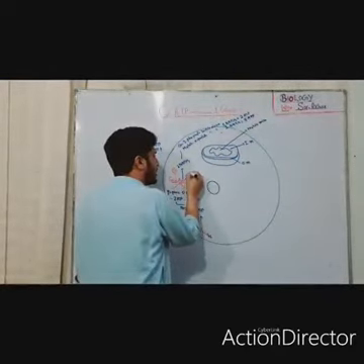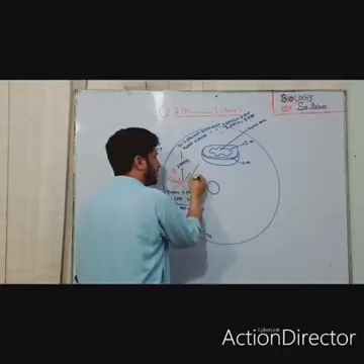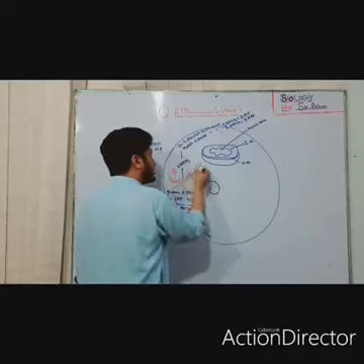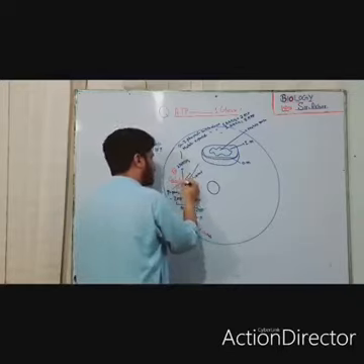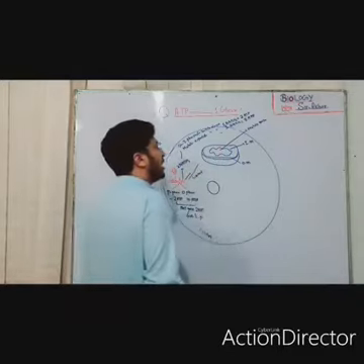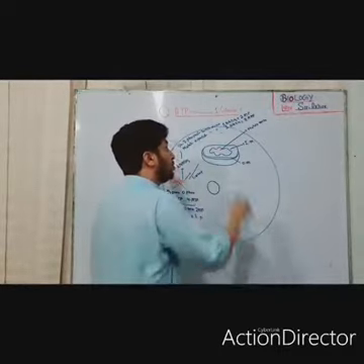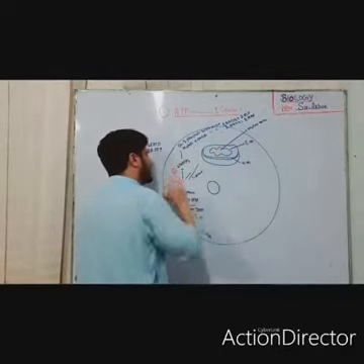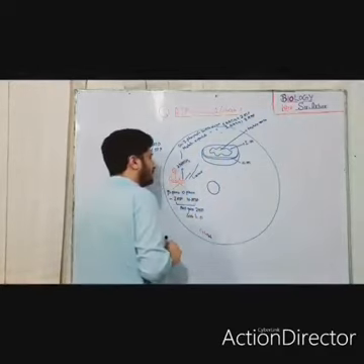Another reaction is also present, which is called the linked reaction. Linked because it connects the glycolysis process, occurring in the cytosol, to the Krebs cycle, which occurs inside the matrix of mitochondria.